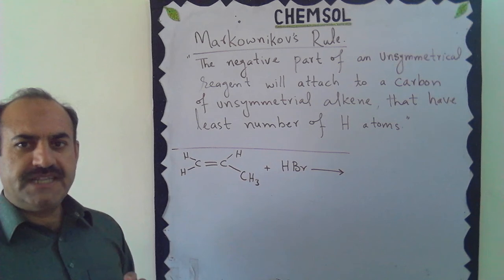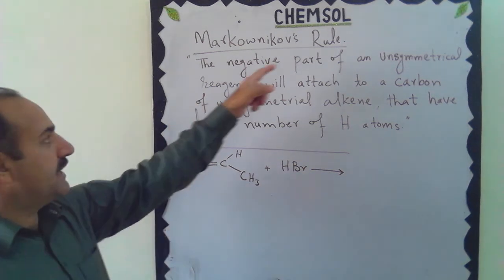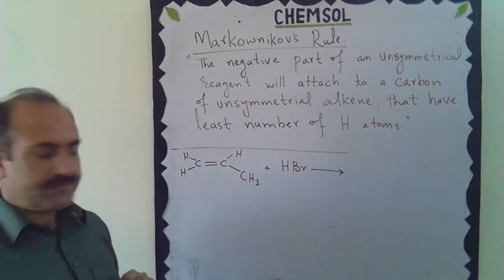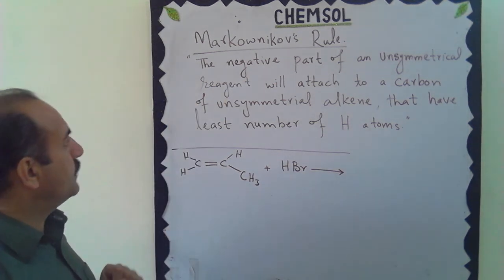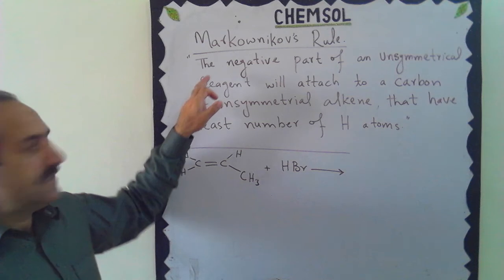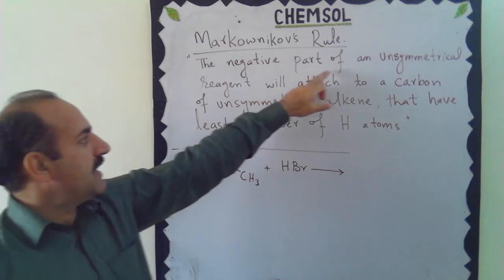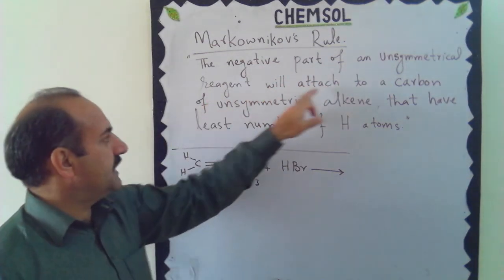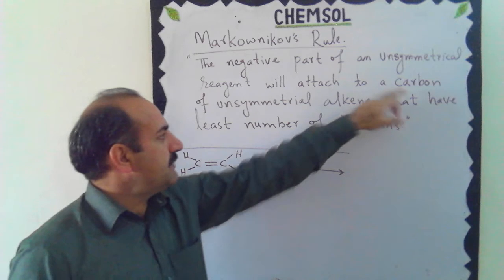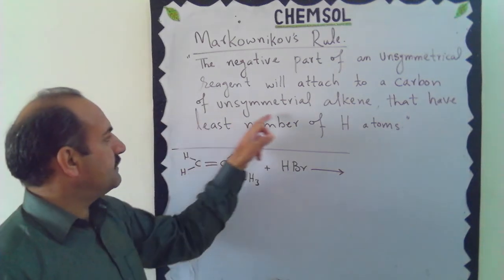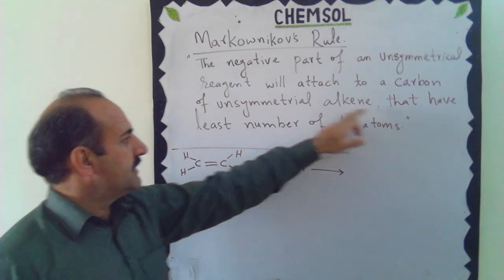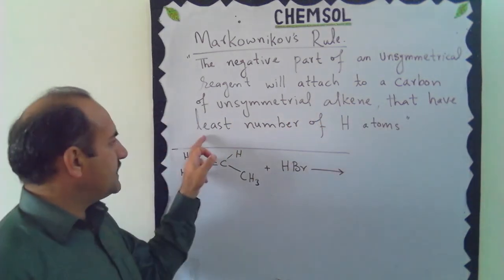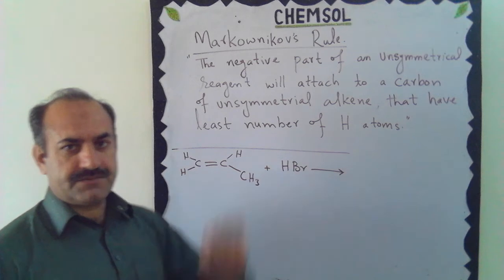In order to explain this, Markovnikov has presented a rule. Which rule is this? It states that the negative part of an unsymmetrical reagent will attach to the carbon atom of the unsymmetrical alkene that has the least number of hydrogen atoms.